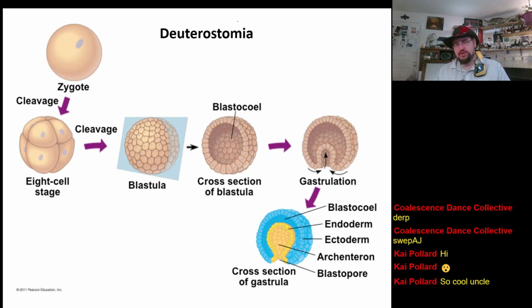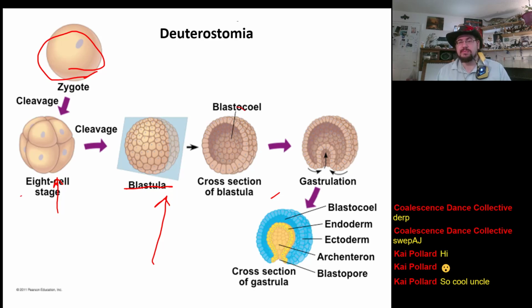Deuterostomia is characterized by deuterostome embryonic development. You start with your single-celled zygote, the first diploid cell of the generation, and it undergoes division, multiple even cleavages, until it becomes a hollow ball of cells called a blastula.